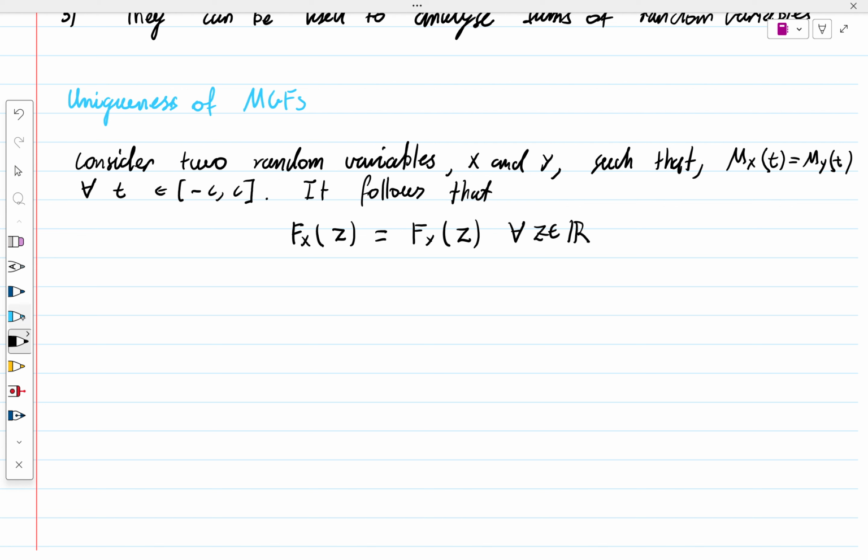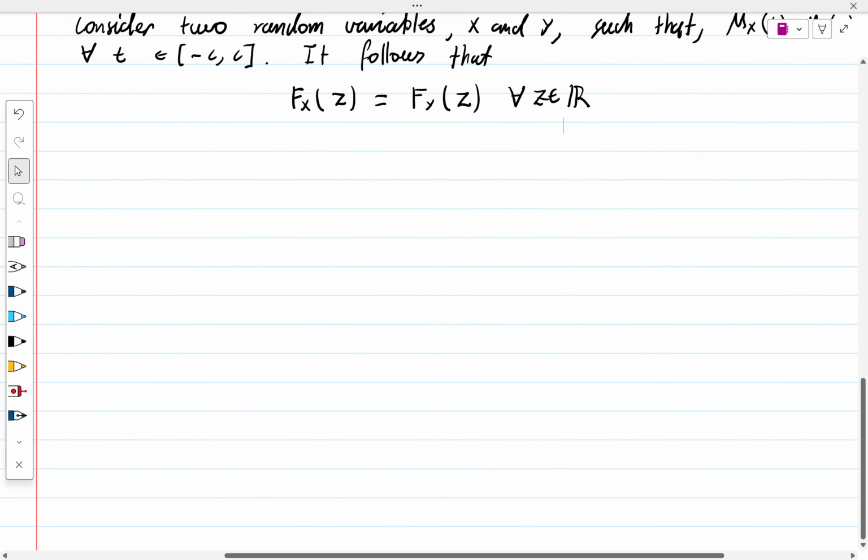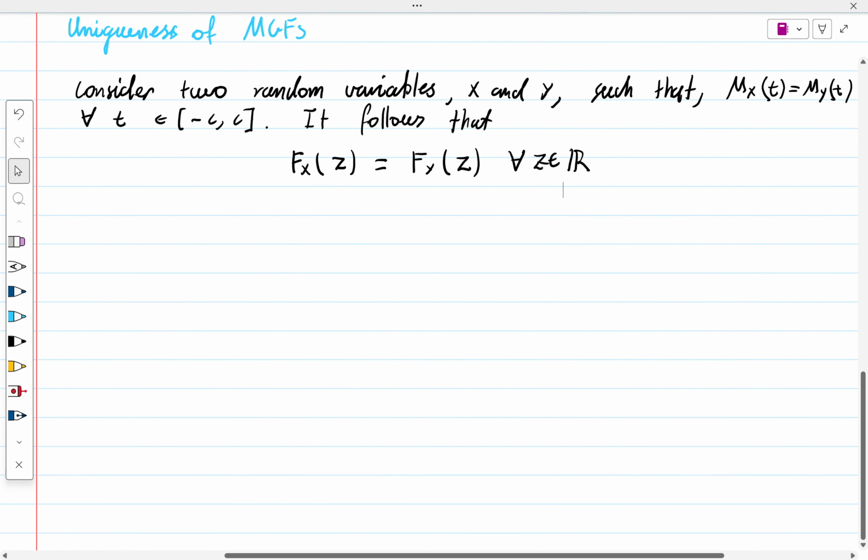In other words, if they share the same moment generating function, they share the same cumulative distribution function. Or in other words, if we wanted to think about it as two separate ways, they share the same probability density function, or they share the same probability mass function. That is what the uniqueness of MGFs implies.